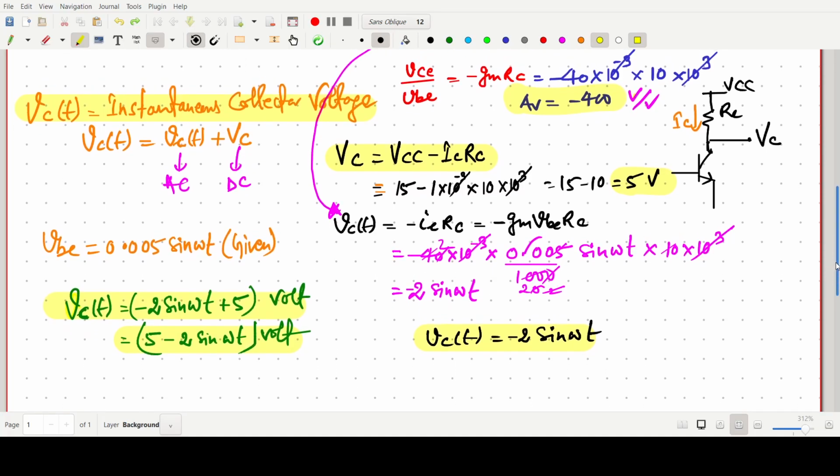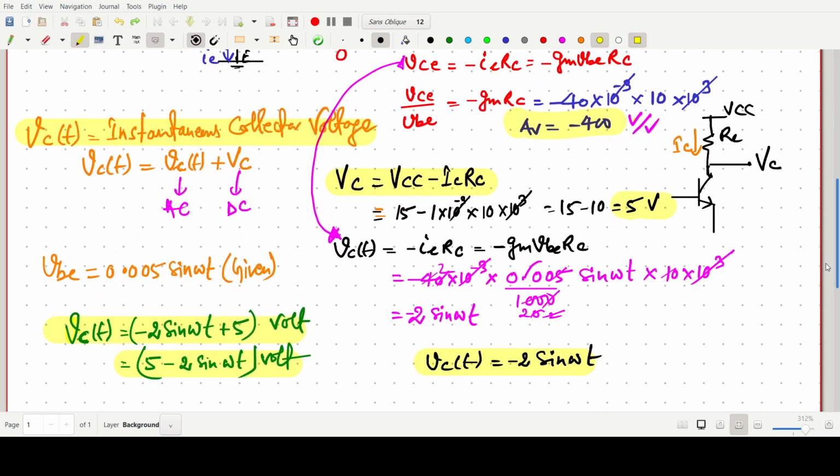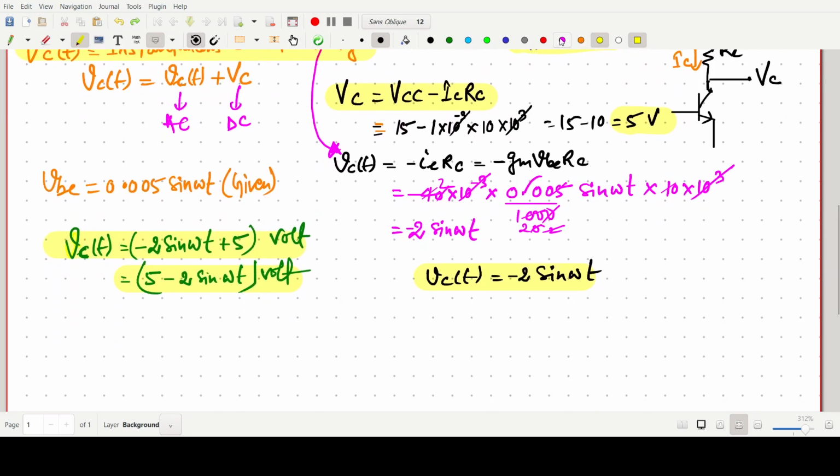Now in addition to that collector voltage, we have to find the IBT, the instantaneous base current. Okay, now I will show.